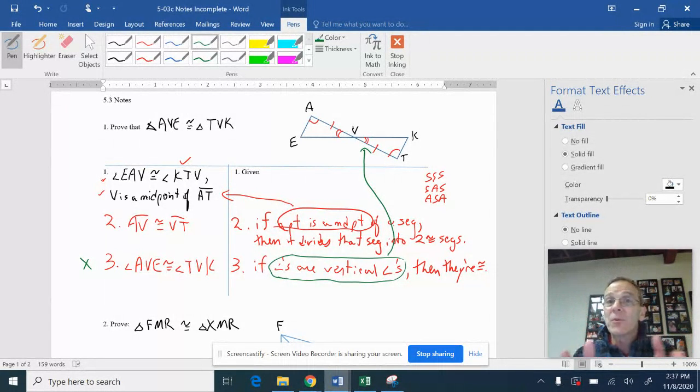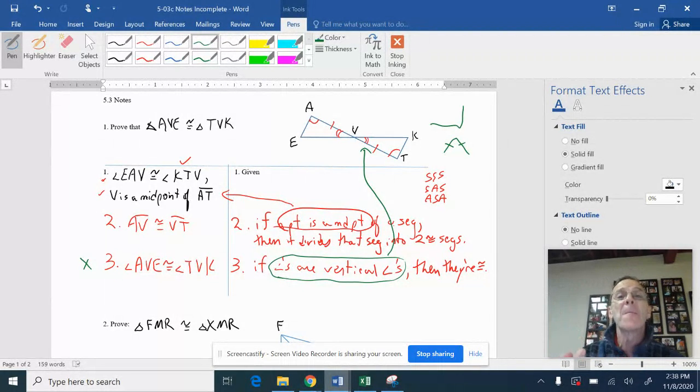Remember, there are very few things that we are allowed to assume in diagrams. You are not allowed to assume that that is a right angle just because it looks like a right angle. You are absolutely not allowed to assume that segments are congruent just because they look congruent. You're not allowed to assume that points are midpoints. You're not allowed to assume that anything is being bisected unless you're told specifically, right?